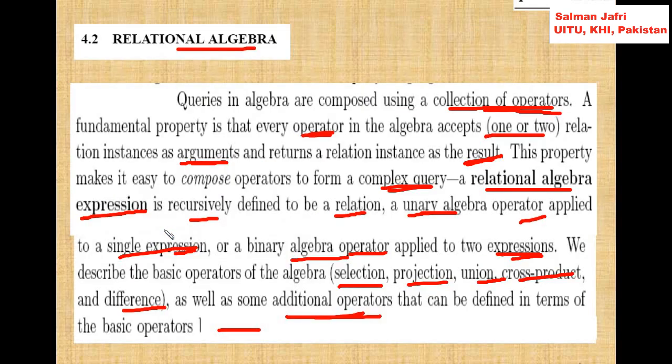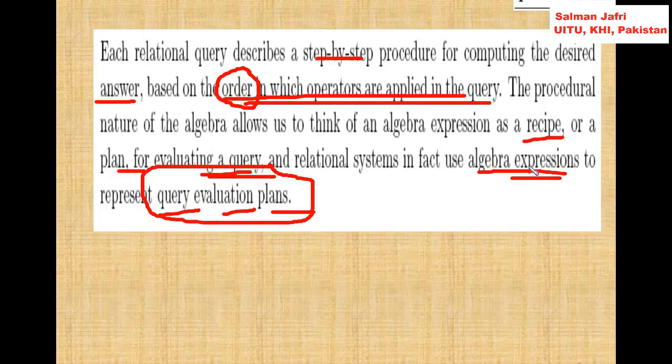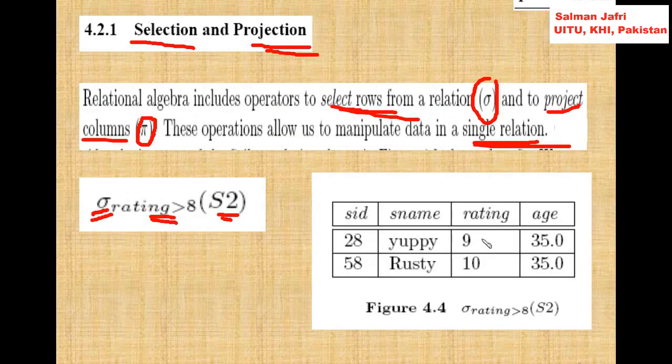We can go back and see S2, and which rows would be selected? Not this one, but this one and this one. So these two rows would be the output of this particular query. These two are the outputs.